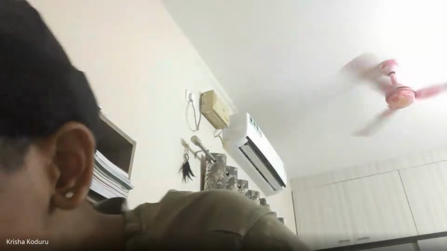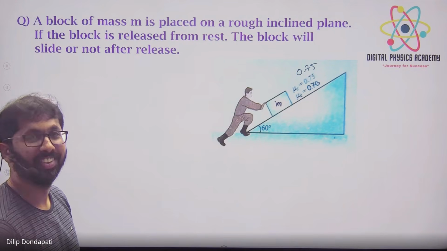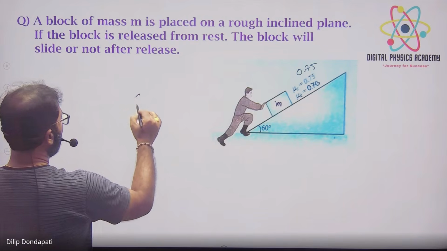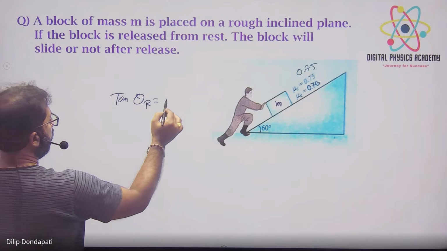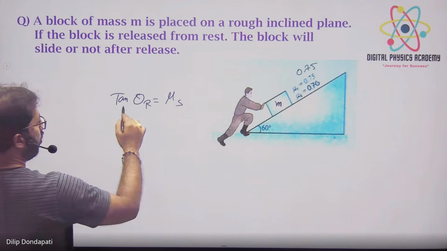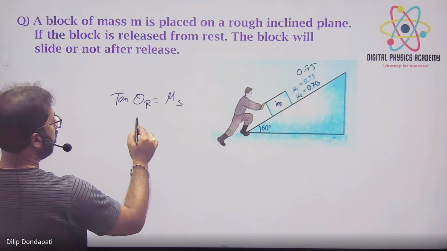Oh wait, it's 0.7. Okay, wait. Sir, it will slide. It will start sliding. Okay. See, you know the angle of repose formula, right? Tan theta r is equal to mu s, so theta r is tan inverse of mu s. Mu s is how much? 37 degrees, right?